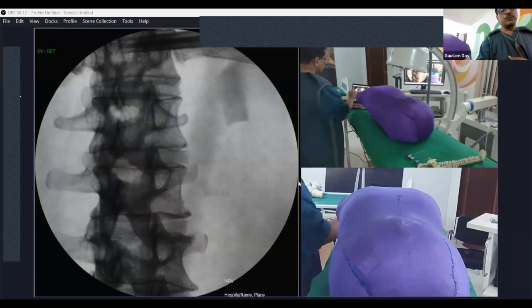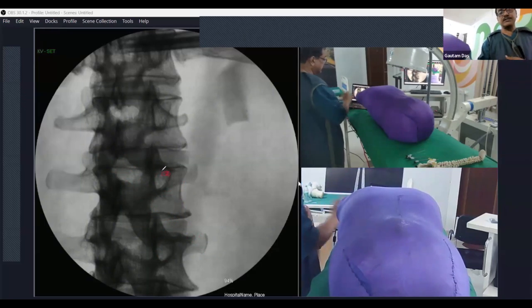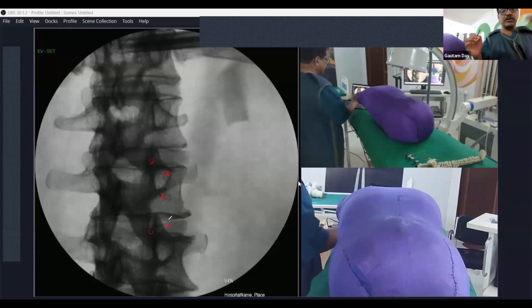So what we'll do, we'll put one needle here in the eye of the Scottish dog for the medial branch, one here, intra-articular facet joint, one here for the transforaminal epidural, supraneural approach or subpedicular approach, another here for the infraneural or suprapedicular approach. And if we advance this a little further, we are going into the disc.